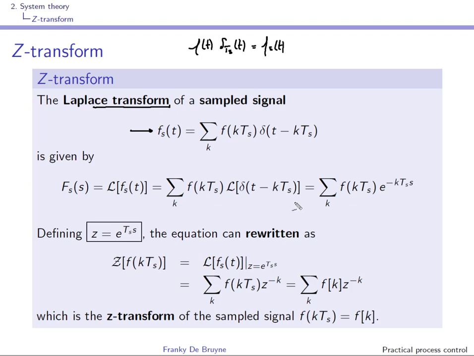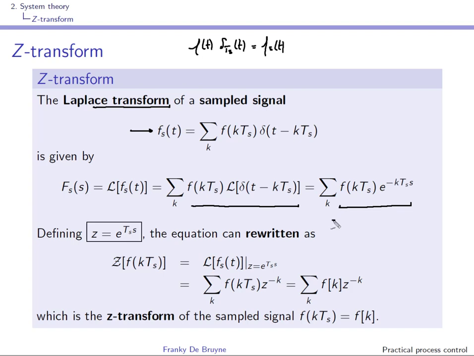By linearity, you have to take a sum of the function evaluated at the sampling instant times the Laplace transform of this delta here, and it's a family of shifted deltas. By the Laplace transform of a delta, which is 1, and the time shifting property, you can rewrite it like this.